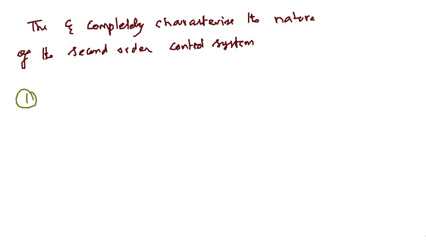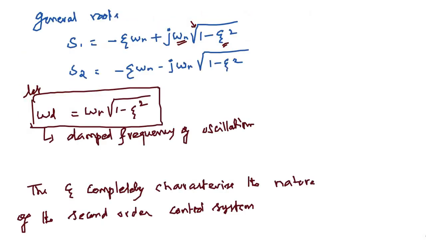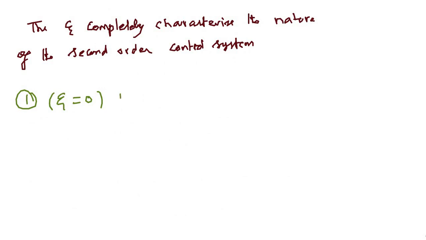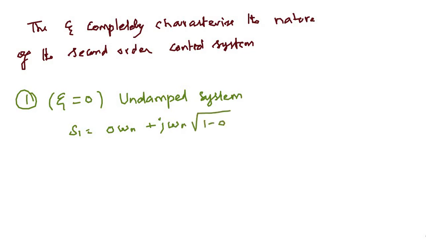First one. I'll take zeta is equal to 0. When you make zeta is equal to 0, let's see what happens. When you make zeta is equal to 0, that system is called an undamped system. If you substitute zeta is equal to 0 in the above equation, S1 is equal to 0 into omega n plus j into omega n into square root of 1 minus 0 square.